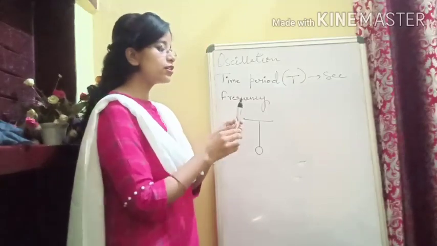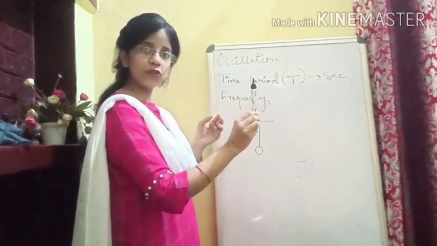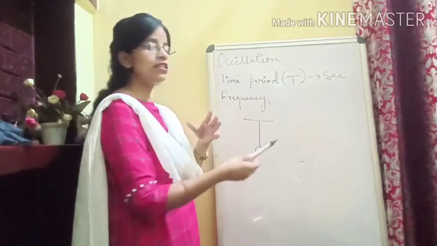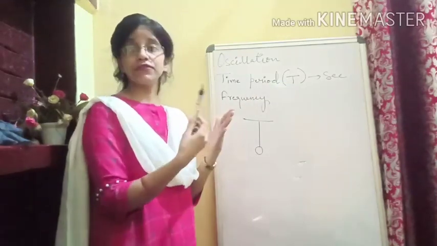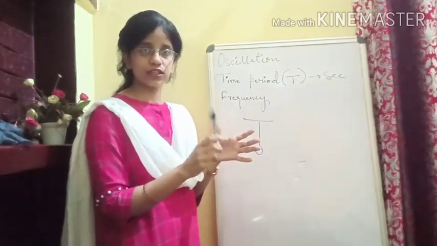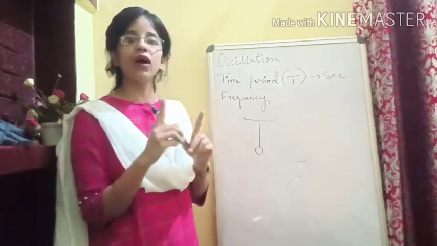Now frequency. See, when the bob is doing to and fro motion, of course it is going to do a number of oscillations: 20, 23, 25, 50, 40, it depends. So we are going to count that number of oscillations, but in 1 second.